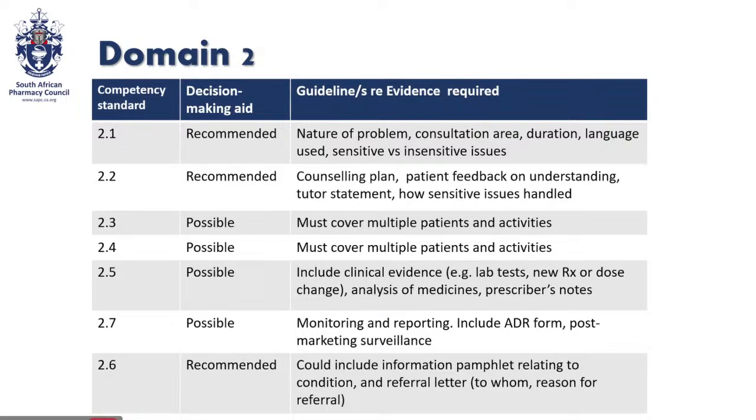If you select 2.6, you can include the information on a pamphlet relating to the condition, the referral letter that the pharmacy used to refer patients to the doctor, patient history, medication history, patient's profile. But again, let the behavioral statements guide you there.